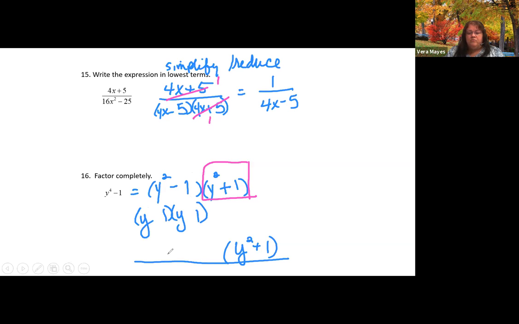Factors of 1 are 1 and 1, 1 minus, 1 plus. So don't stop too soon. This one still has the minus, so it potentially can keep going. It needs to be an even number for this to work. Right. Any questions on these two problems?